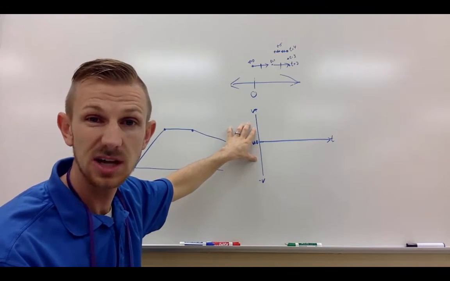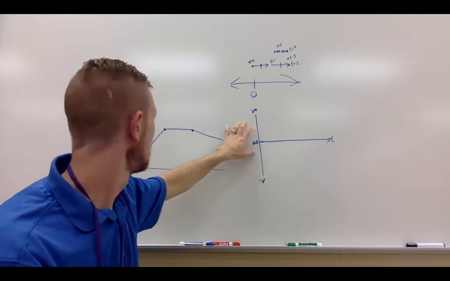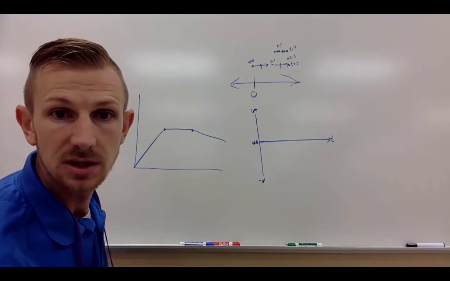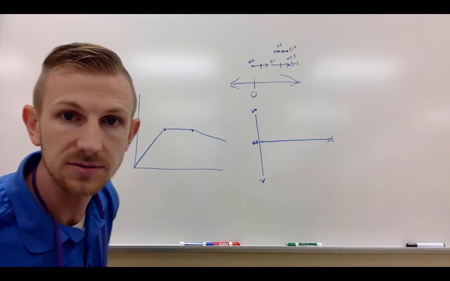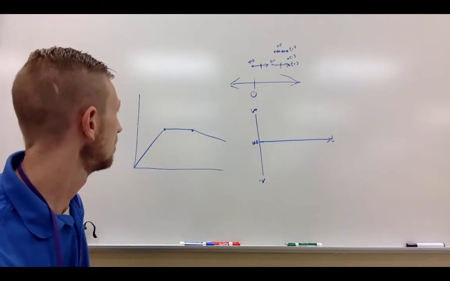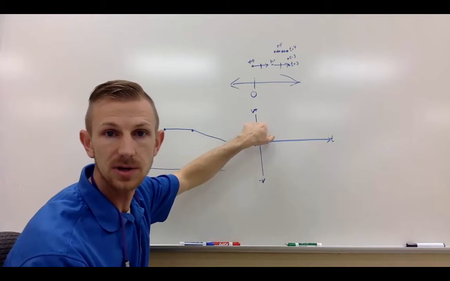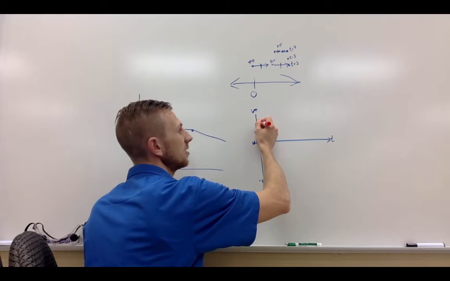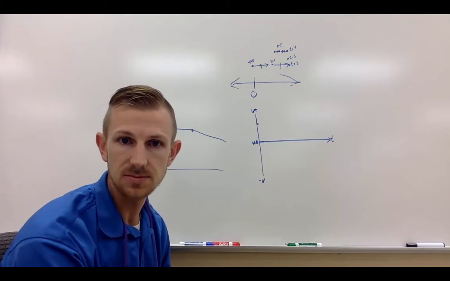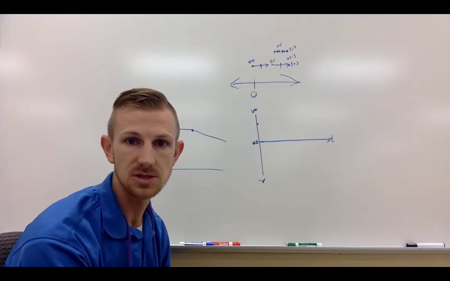So what we just need to look at is the starting velocity. We said a little bit ago that it is a positive starting velocity, so we're going to go up into the positive land, and I'm just going to put a dot right here. You don't have to do dots, you can do lines, but I'm just showing you the first position here.